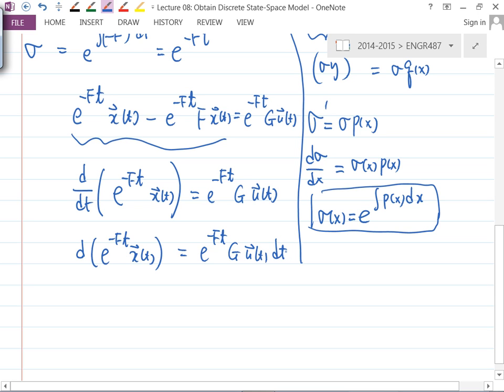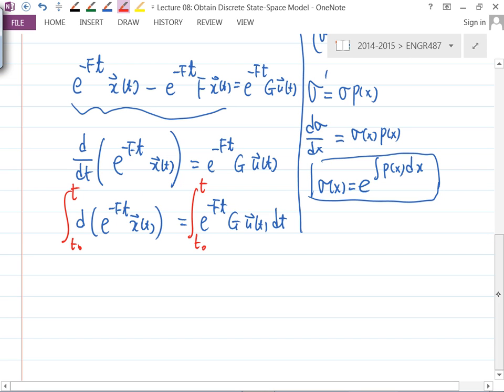So now what can you do? Integrate both sides, right? Let's say we're integrating from t naught to t, basically from the initial time to a general time. t naught could be 0.